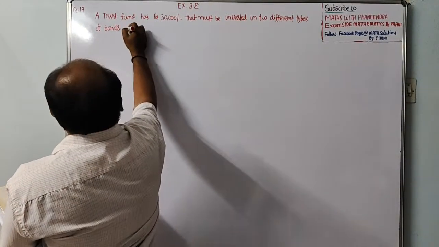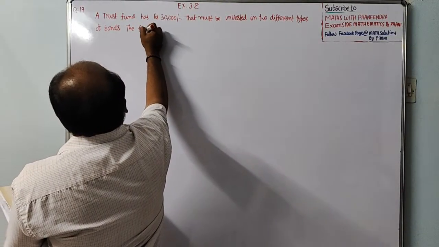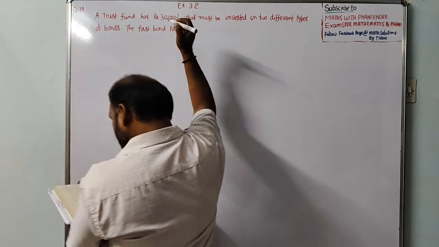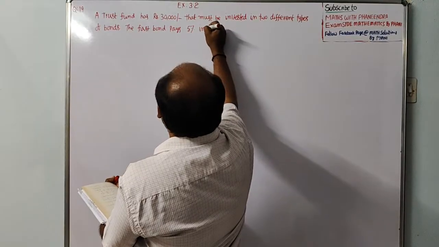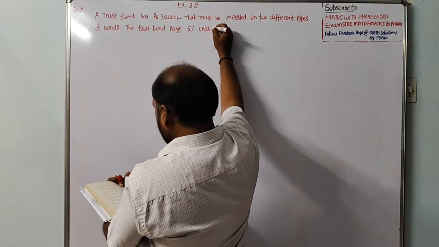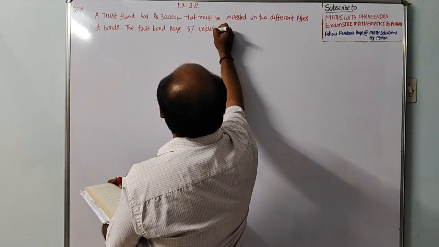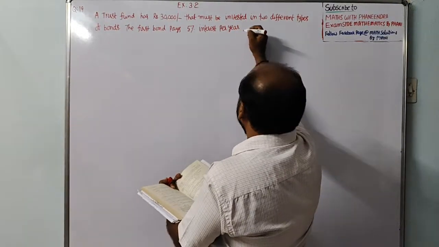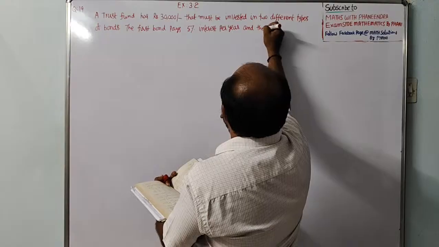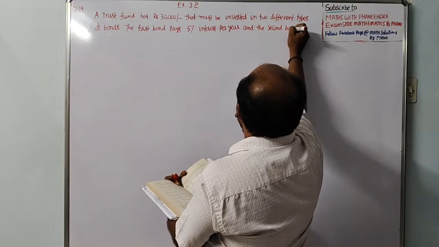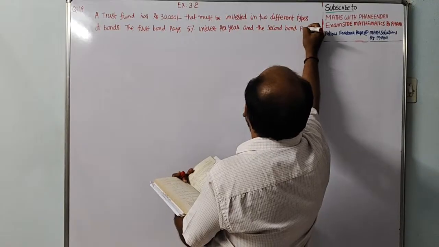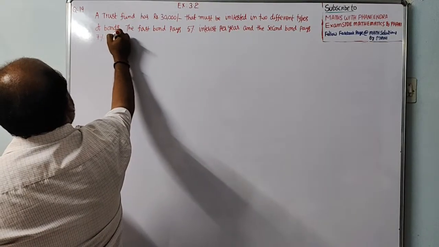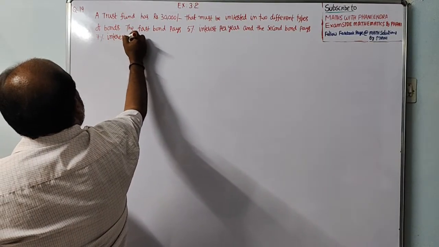The first bond pays 5% interest per year, and the second bond pays 7% interest per year.